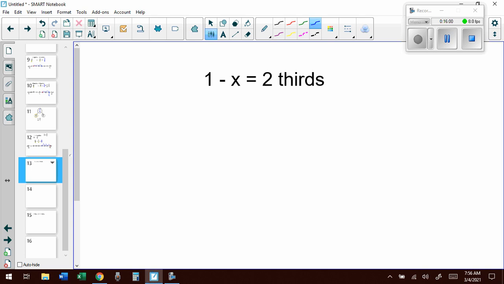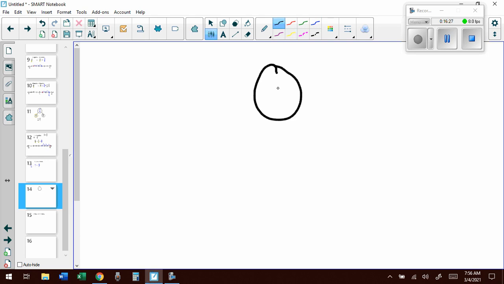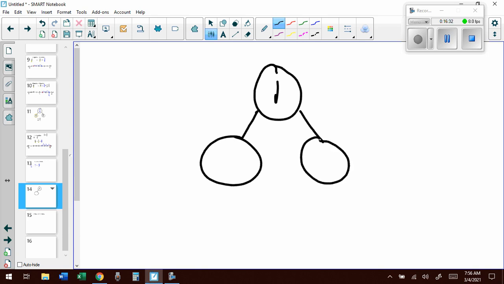Now we're looking a little algebraic here. 1 minus what equals 2/3. So every time you see x, it's really asking you 1 minus what equals 2/3. So in a number bond form, we start with 1, and we know 2/3, but 2/3 plus what equals 1?